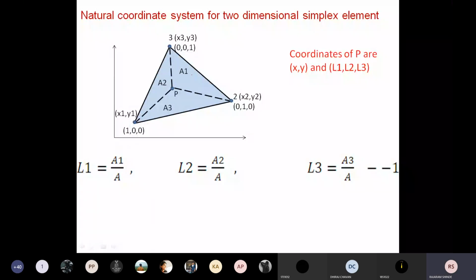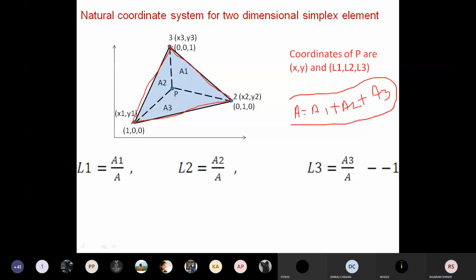Now if you observe this element, and if you take A as the area of the element, then by dividing this area into 3 parts with the help of this point P, you got the 3 triangles, and the addition of the areas of the 3 triangles, that is A1 plus A2 plus A3, is equal to A. Do you agree with this equation? A is equal to A1 plus A2 plus A3.